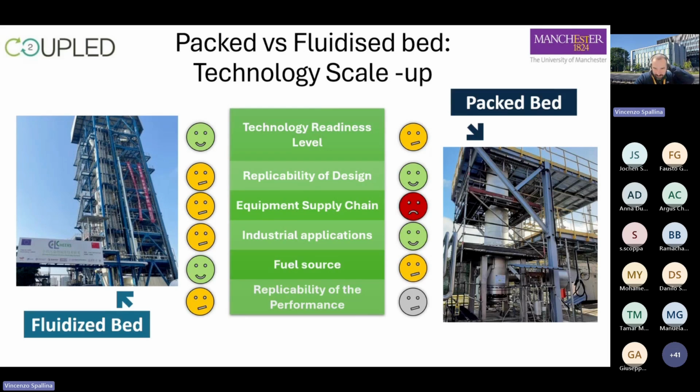And in terms of replicability of performance, it is still ongoing to understand how lab scale translates into large scale. So that's a wider comparison between the two options.